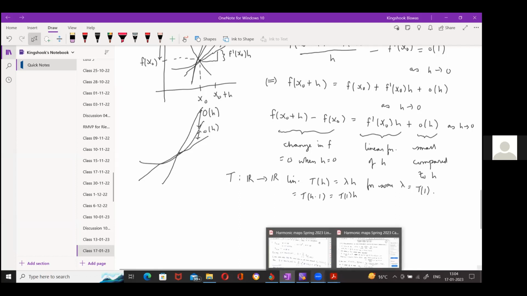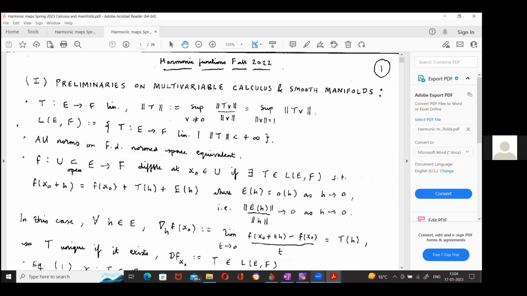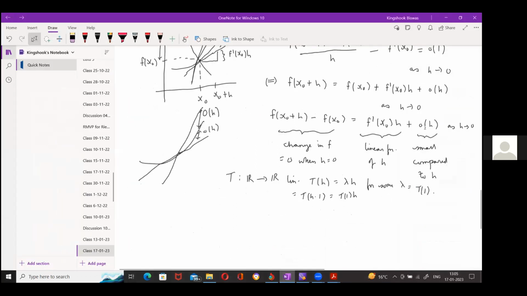So in general, we want f to satisfy a first order Taylor formula: f of x naught plus h is equal to f of x naught plus a linear function of h, this bounded linear map T applied to h, plus an error term where, like we had in one dimension, the error term is small compared to h.